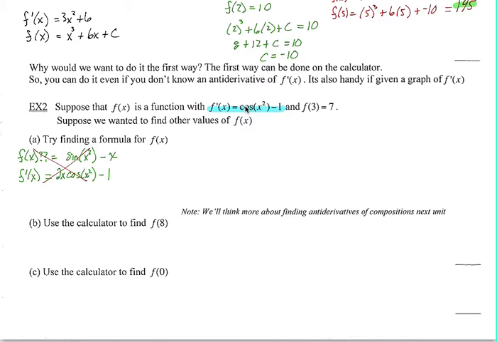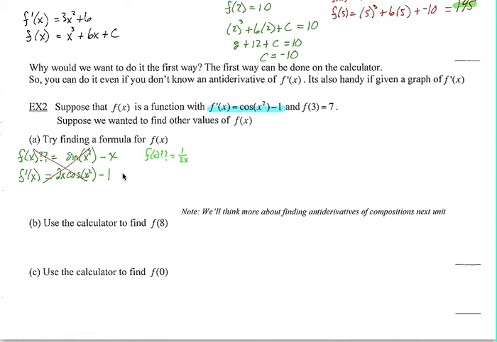We could try to anticipate this 2x that's going to result from the chain rule. So we could say, perhaps the function is 1 over 2x times all of this that we had over here.